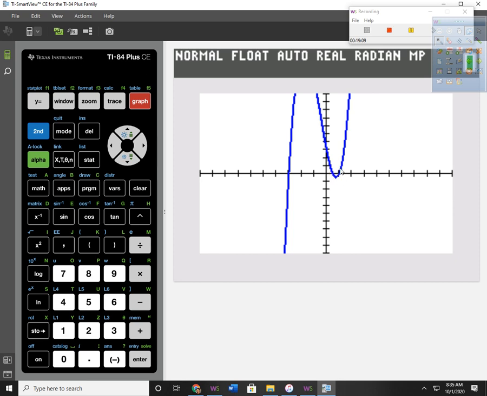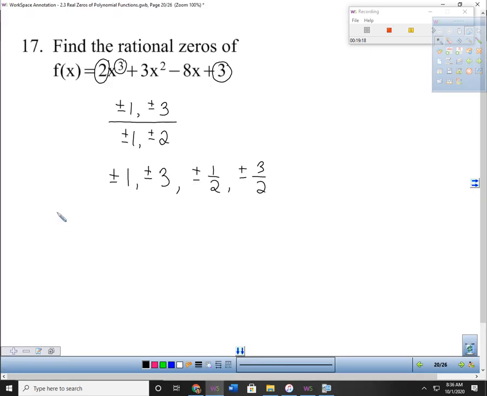So what we'll do is we'll pick either the 1 or the negative 3 and synthetically divide by that. So I'm going to do the 1 because that's just easier to multiply by. So I started with a cube, put the 2 up front, and then I've got 3x squared, then the negative 8x, and the positive 3, and I go through the process.